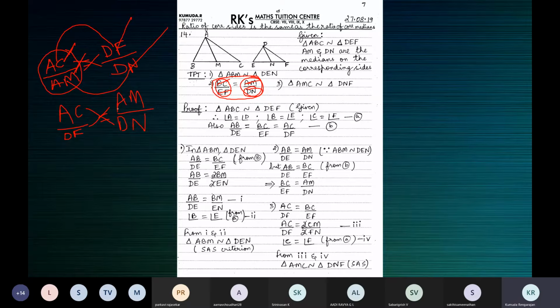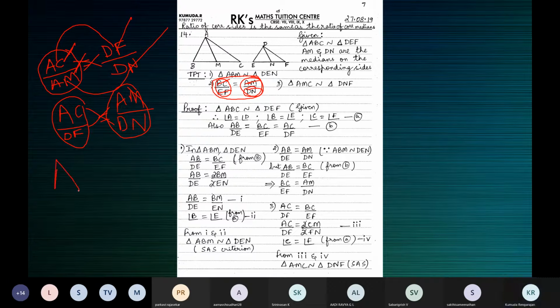Nothing, don't worry. I was just trying to say that you can also write it like this because it's the same as this one. AC by DF, ratio of the corresponding sides, AM by DN, corresponding medians. You can exchange this. You've seen it in the material earlier. I've used the term alternando.